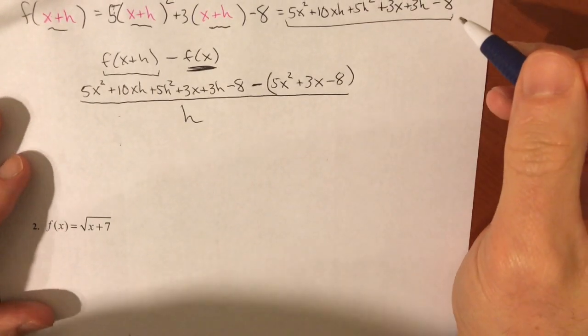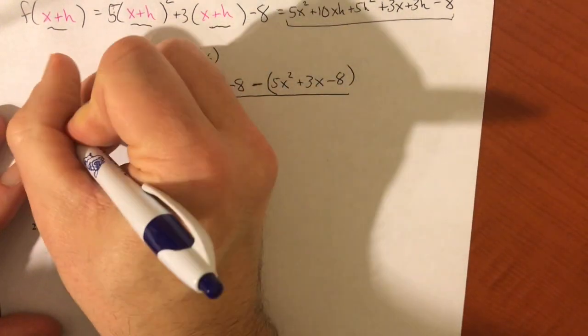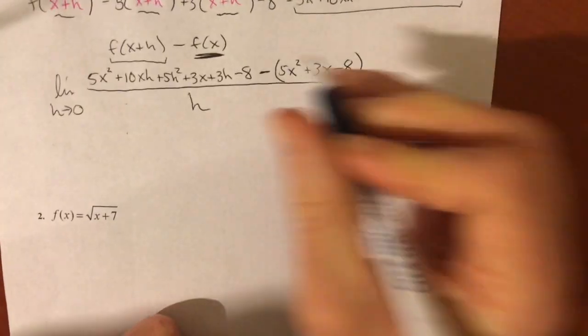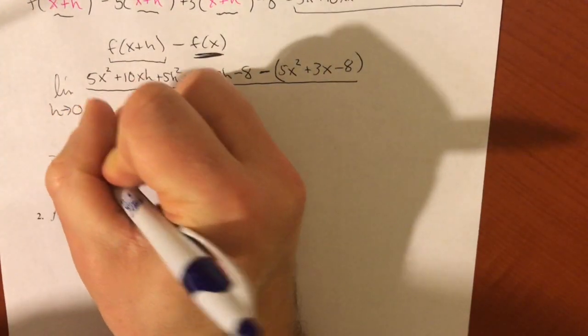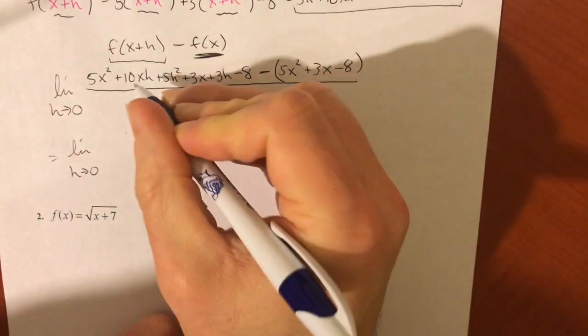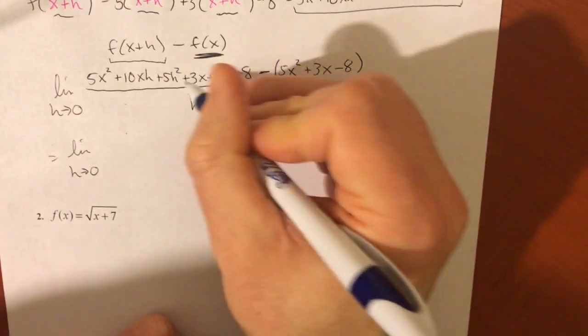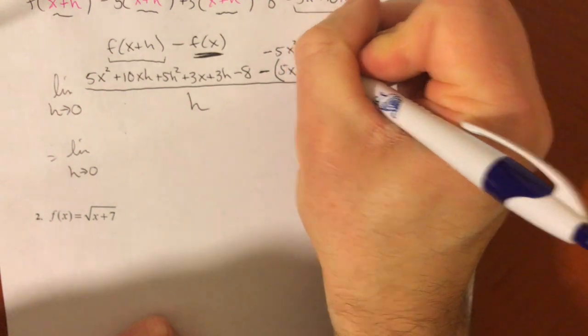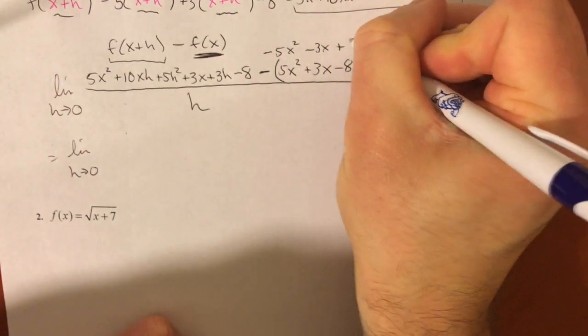So if you kind of remember how these go, I'll just slap that limit as h approaches 0 out in front. If you've done them right, the original function here should always cancel out. And so that's minus 5x squared minus 3x plus 8.